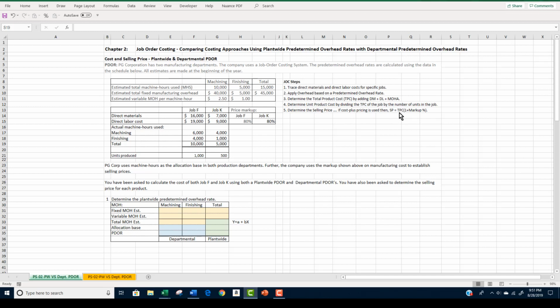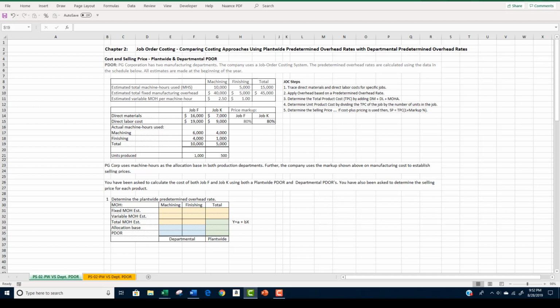At the end of the problem, you'll be asked to compare the two approaches and determine whether the total manufacturing cost will be over or under costed if you continue to use a plant-wide predetermined overhead rate.